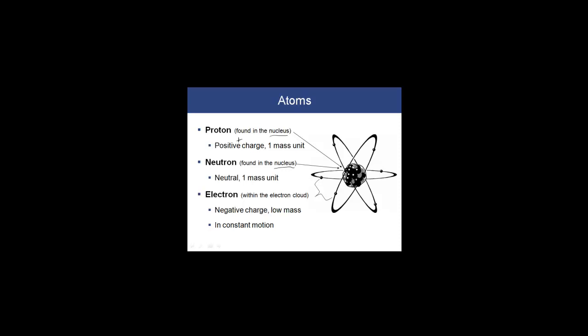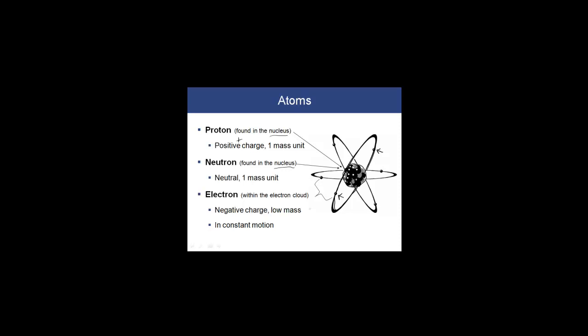That leaves electrons. Now, electrons are not found within the nucleus. Instead, they are found orbiting the nucleus within the electron cloud. Here we see a representative electron pair orbiting the nucleus. Here's one electron, here's the other. Electrons have a negative charge.